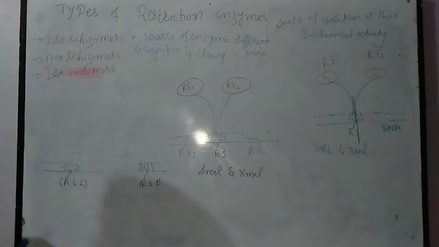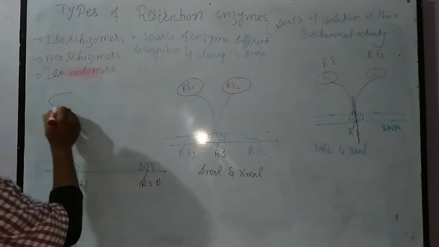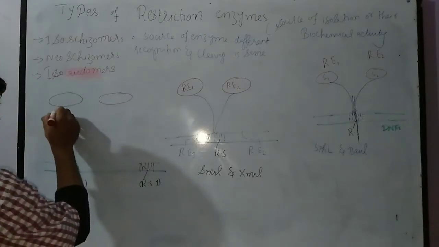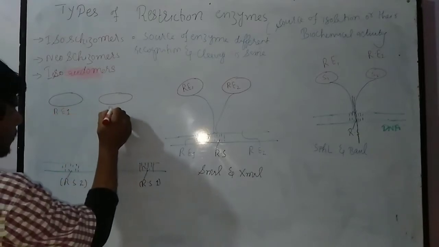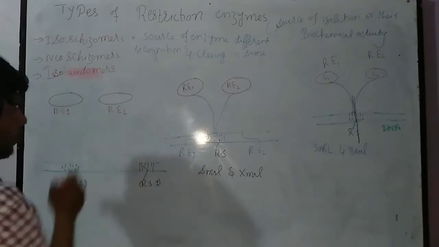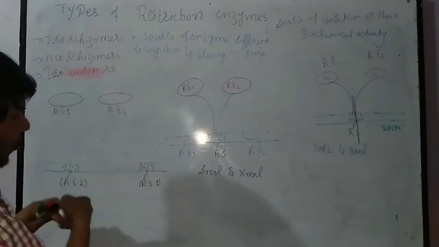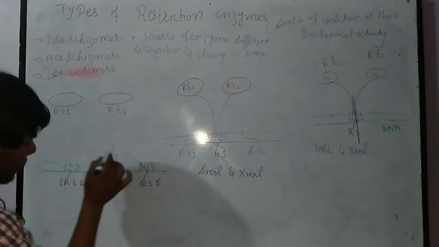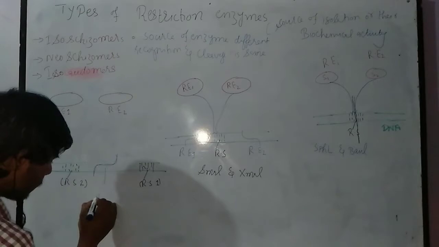Okay, and we have again two sources of restriction enzyme, as you can see. This will be restriction enzyme 1 and this will be restriction enzyme 2. And let's suppose they have the cleavage site at that specific position. This will be the cleavage point or digestion.